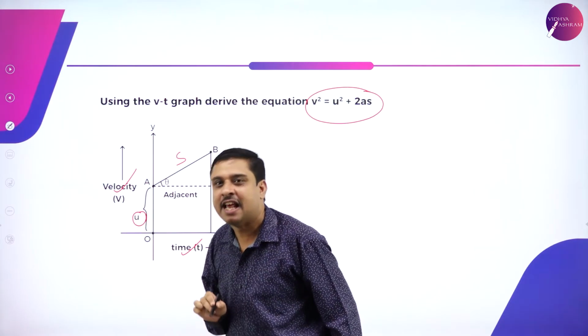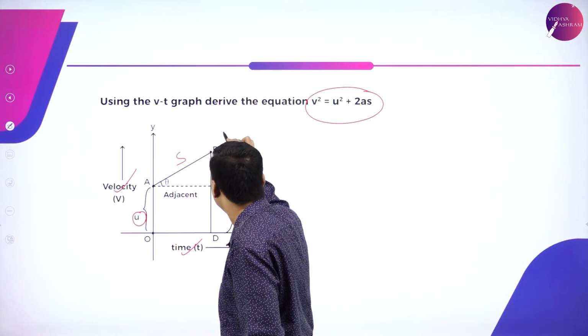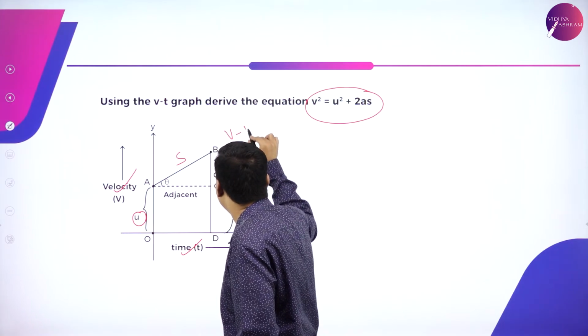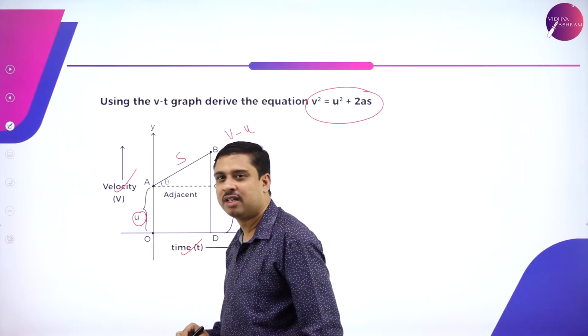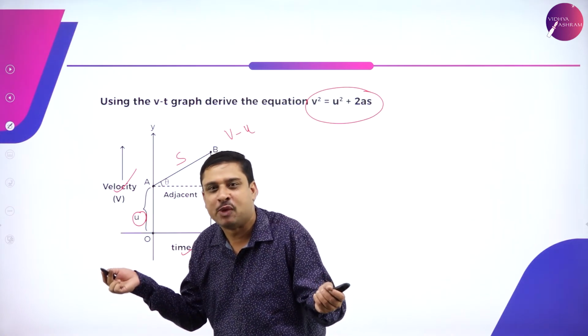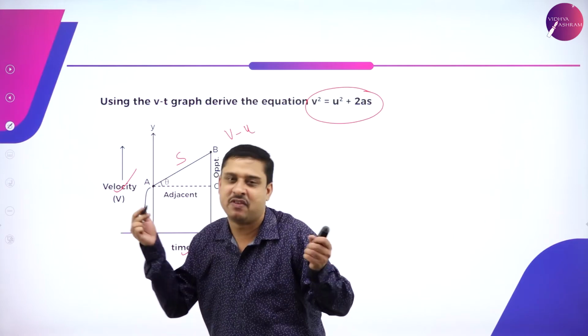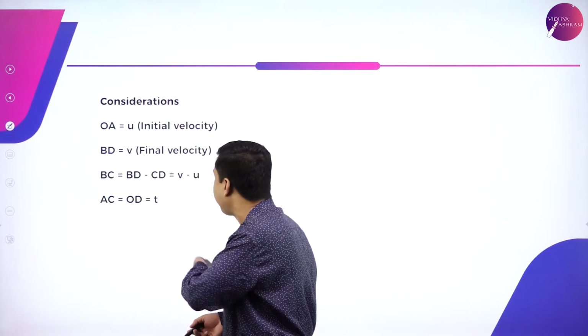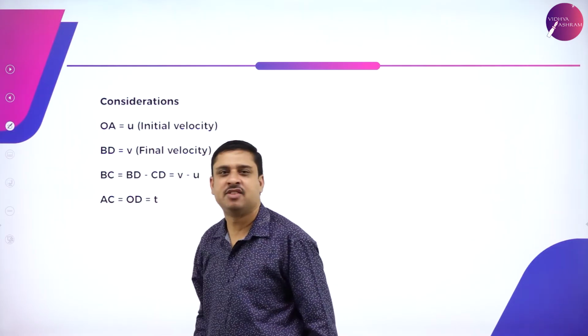V, final velocity. BC, V minus U. All these things are the same as we have done in our previous derivations. The same considerations.